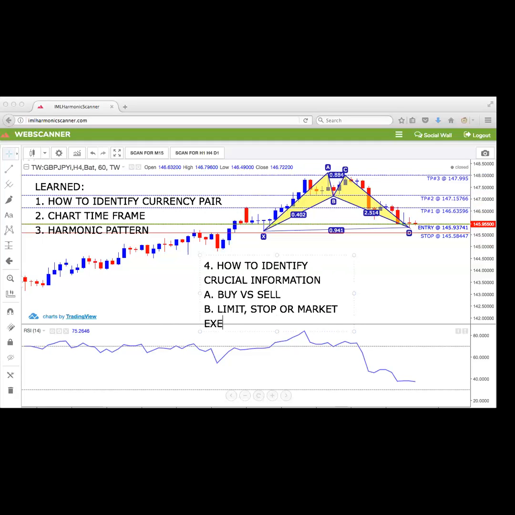Then you identified your entry price, the current price, stop loss, and take profit. So you got all of that information.